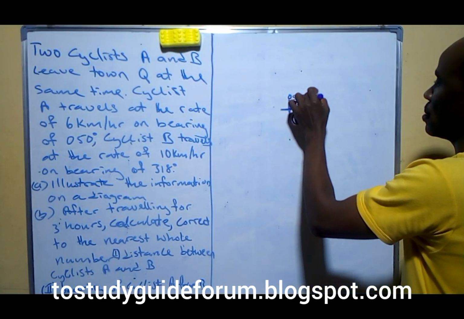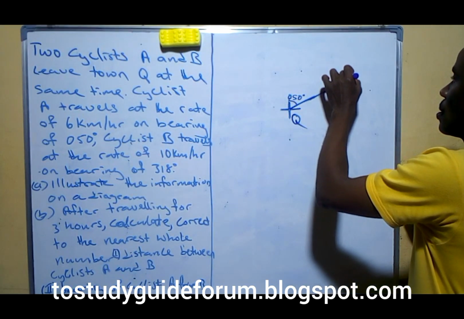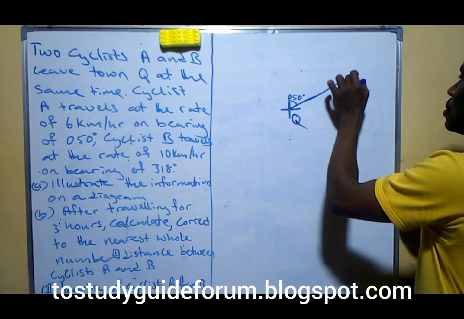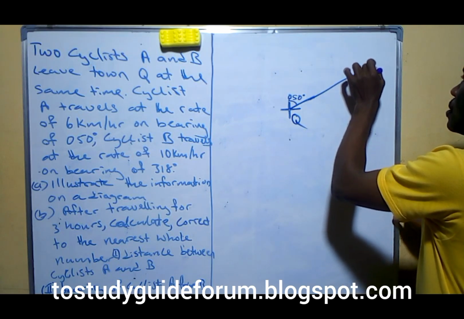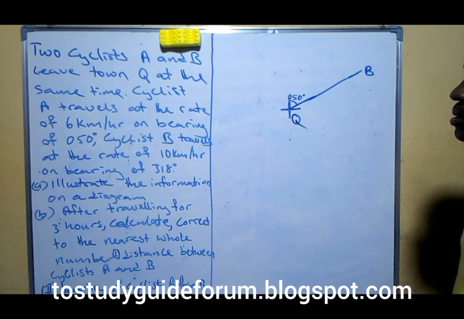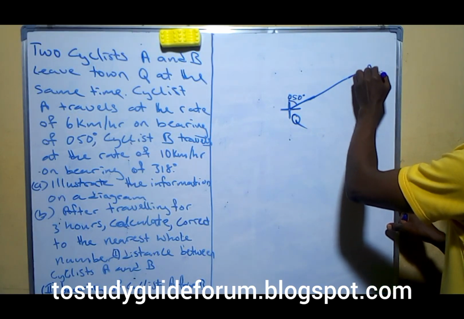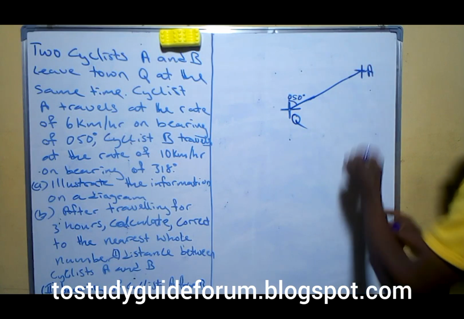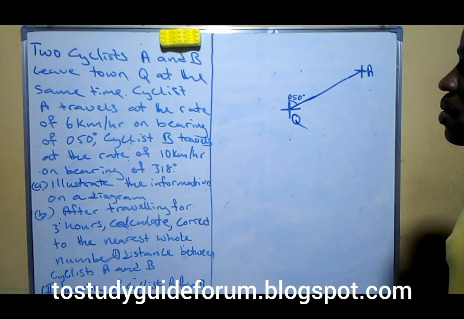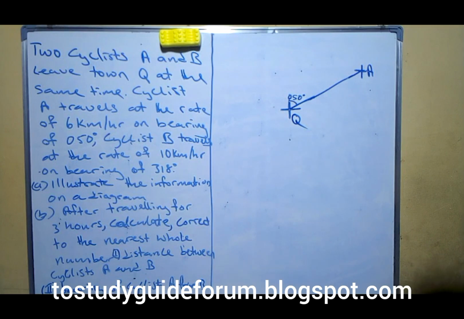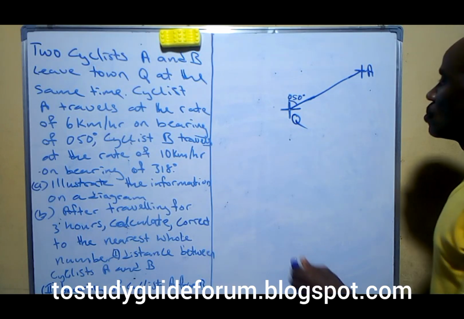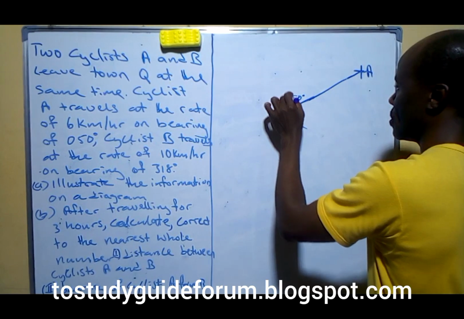And then this is our A. The next one is cyclist B, who travels at the rate of 10 km per hour on a bearing of 318 degrees. We come over to this same place again.